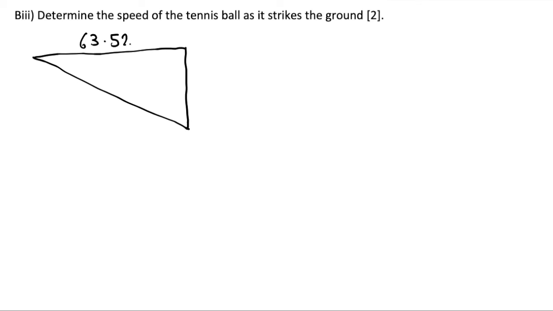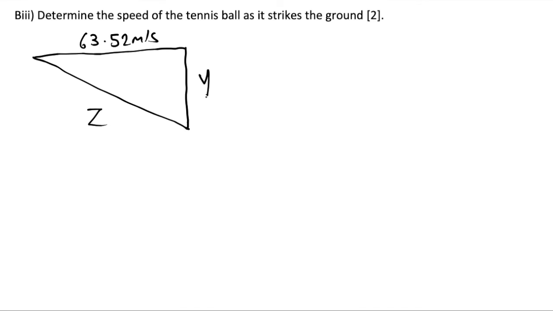We calculated this earlier, and we know in projectile motion, horizontal velocity always stays constant. Then our resultant velocity is this hypotenuse, which is what we want to find. And then finally, we have our vertical velocity, which does not stay constant throughout motion, which is what we want to calculate in order to use Pythagoras' theorem and then calculate resultant velocity.